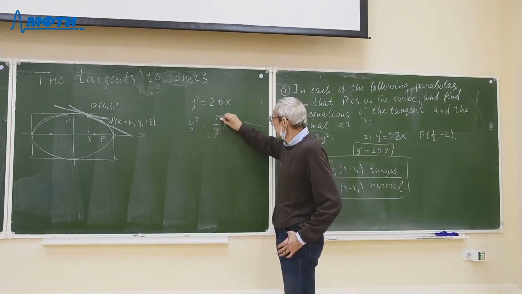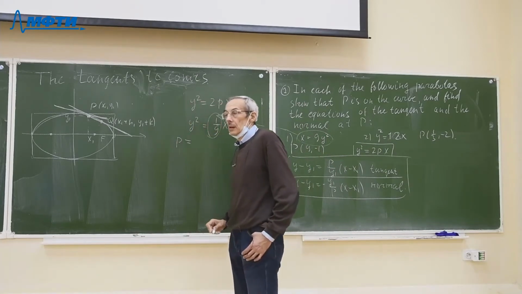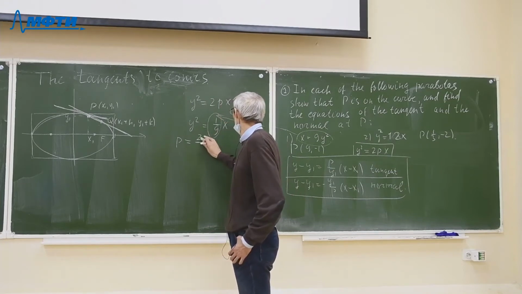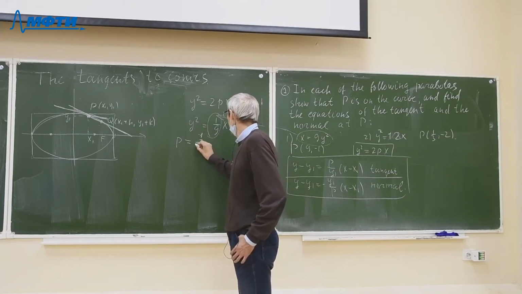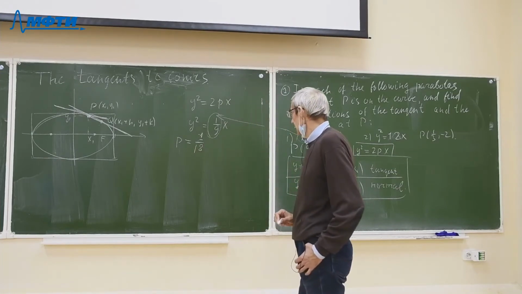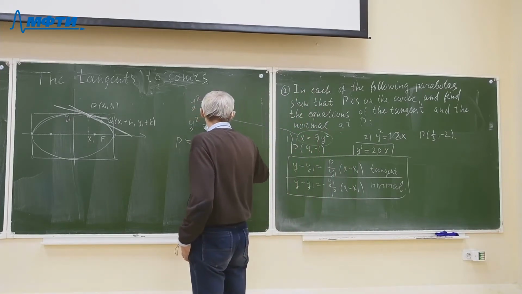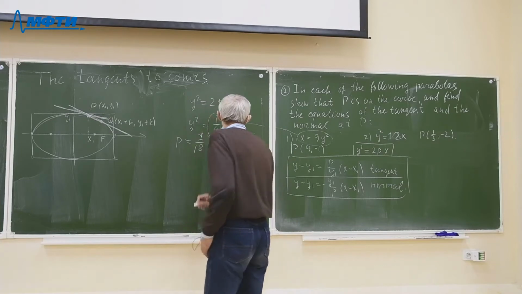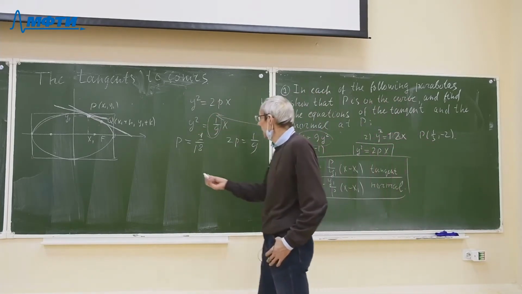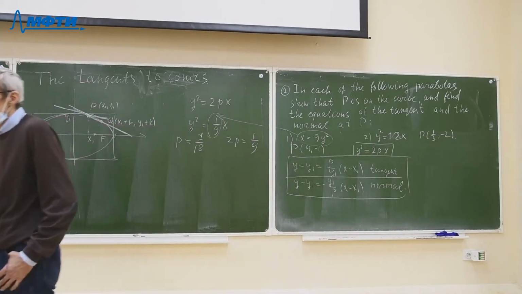Easy to see, in this case p is equal to ratio 1 divided 9, and we obtain that p is 1 divided 18.